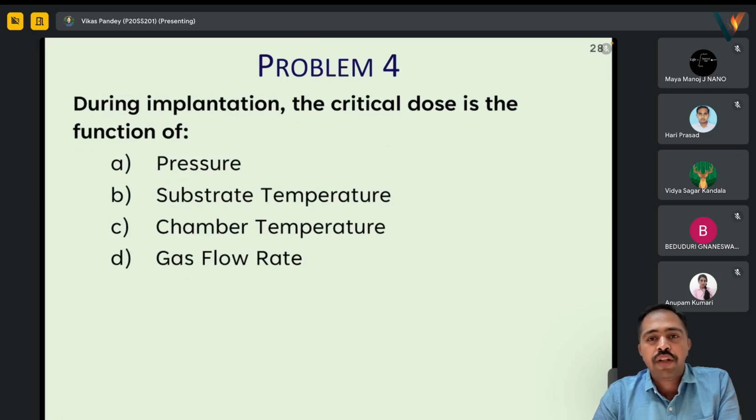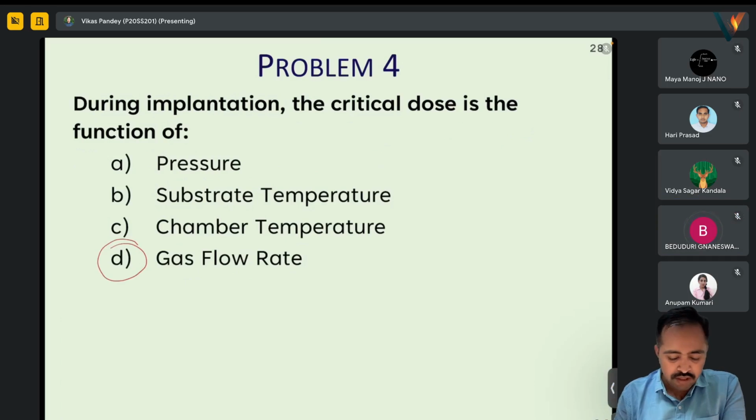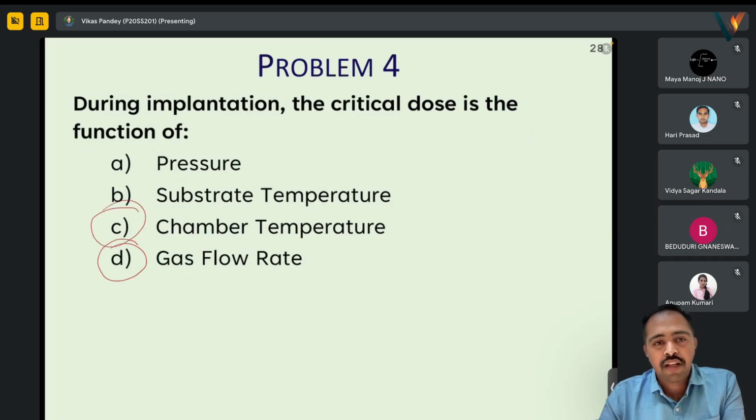Which factor will determine the dose? Chamber temperature? Gas flow rate, chamber temperature. Yes, any other answers? There can be multiple correct answers also, not an issue.